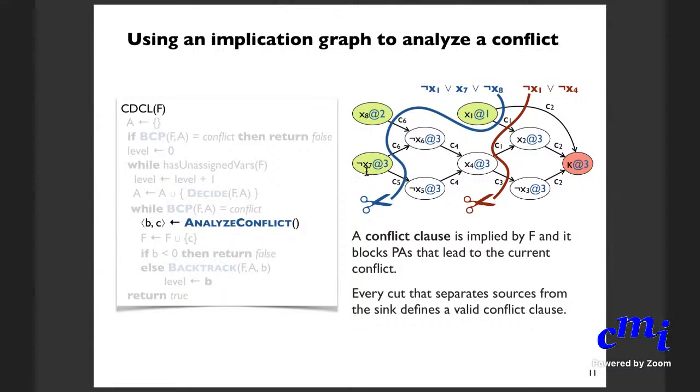For every path from the source X7 at the current level to the conflict node, X4 is something that every path passes through on its way from the sink, from the source of X1 to the conflict node, which means that it somehow captures all the earlier decisions.